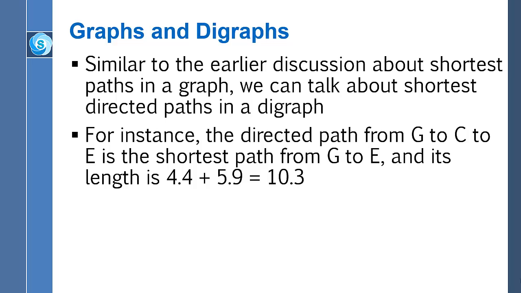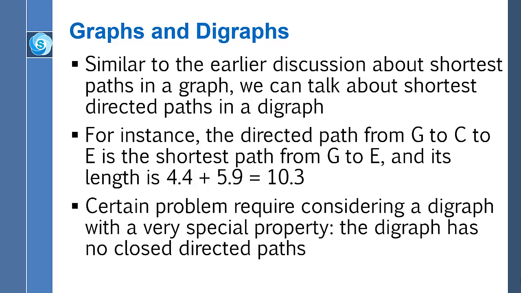Maybe we should call that the weight of the path, but honestly, it's more customary to call that the length of the path. It's kind of silly, but there it is. And that path I just mentioned is in fact the shortest path from G to E.